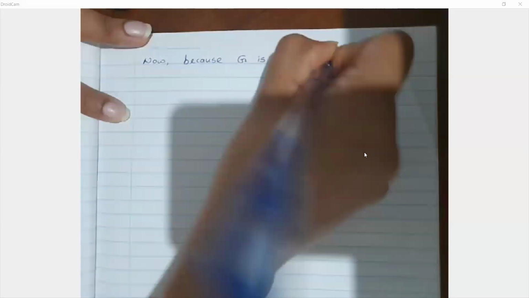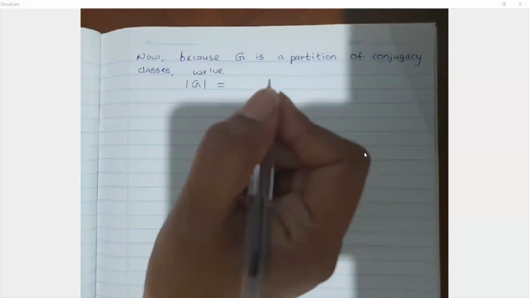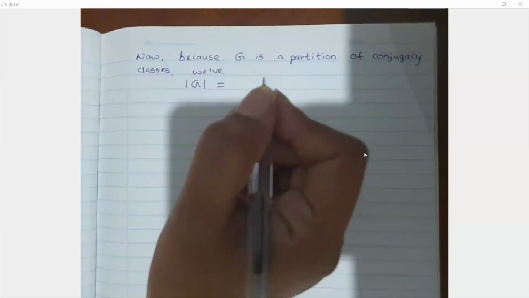Right. Now, because G is a partition of conjugacy classes, we have the number of elements in G to be the number of elements in each distinct conjugacy class.